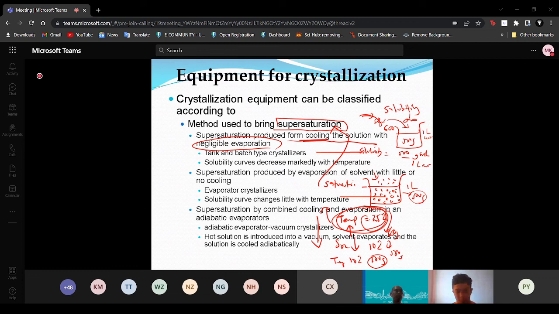Or you can confirm it through a very simple experiment. Simple, you can do it at home. This might go into the lab sheet later on, if there is a lab. Say you want to make a drink, you use cold water, you use hot water.